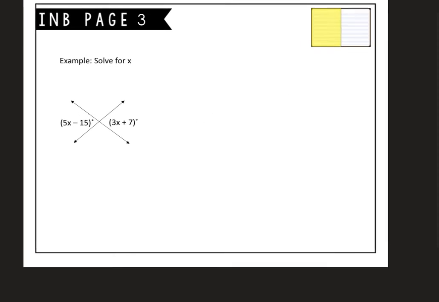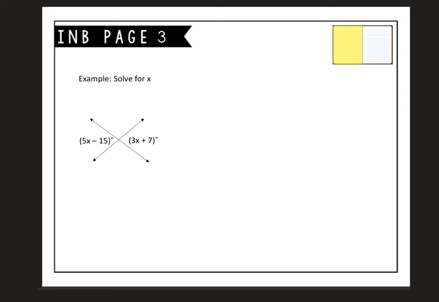So looking at a little bit of a harder example, if we have algebraic expressions, we can still use the fact that these are vertical angles. And we know that vertical angles are equal. So to solve, we're going to set them equal to each other. So 5x minus 15 equals 3x plus 7. So now we're going to solve.